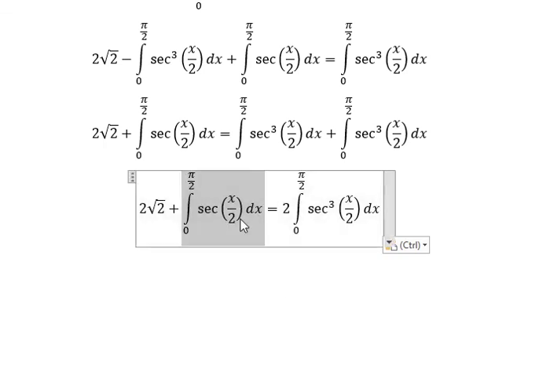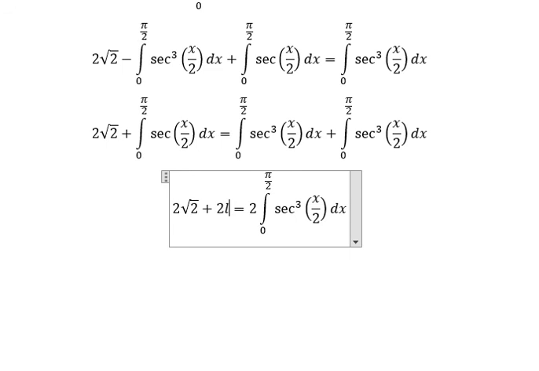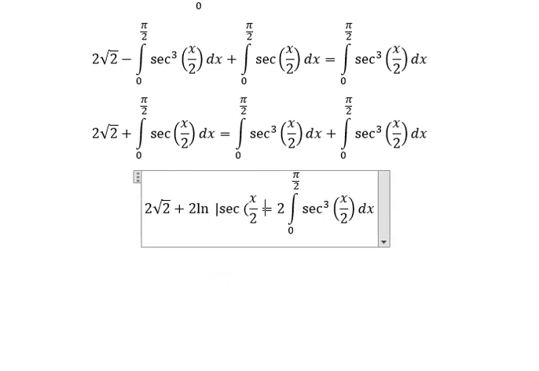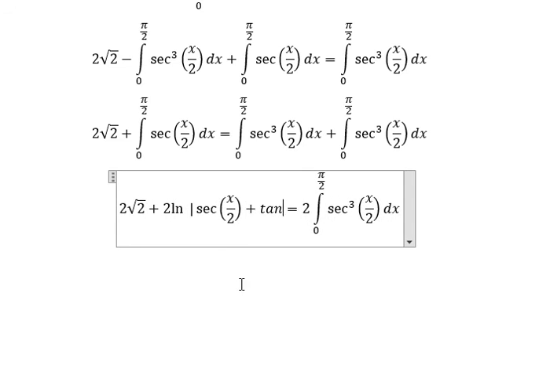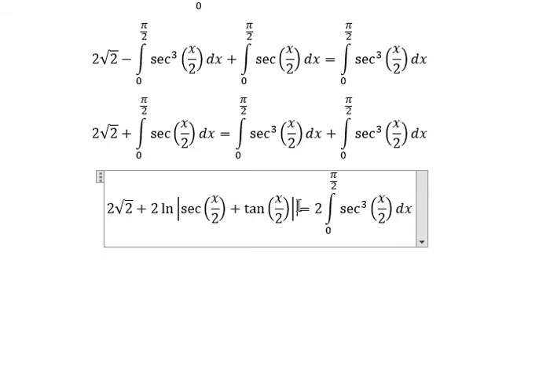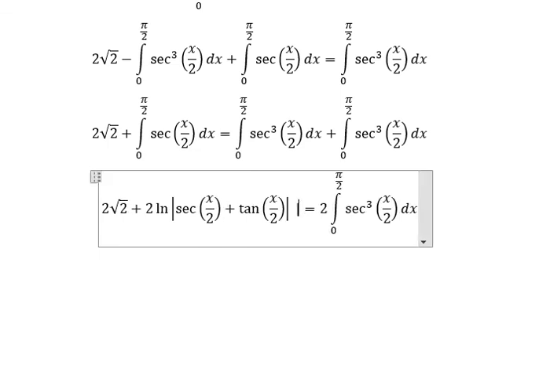Now the integration of this one, that's about 2 ln of the absolute value of secant of s over 2 plus tan of s over 2. And we put the absolute value in here. Later that we put the bounds from 0 to b over 2.